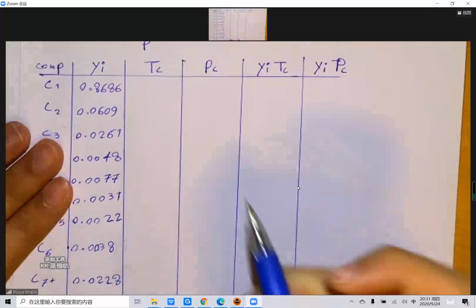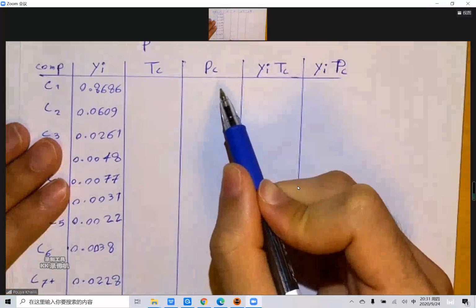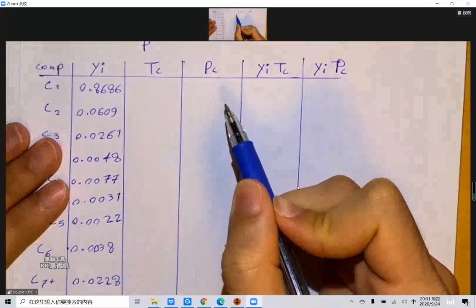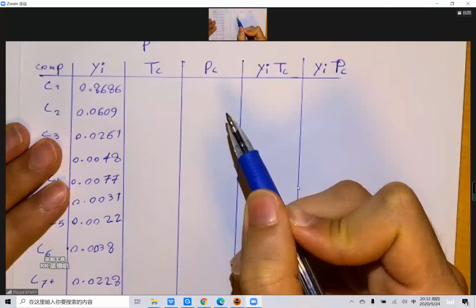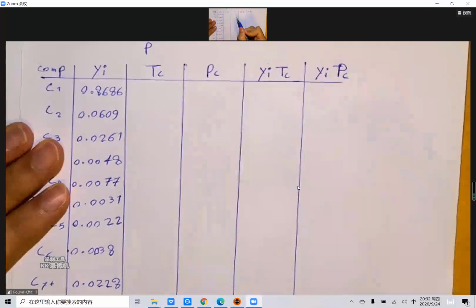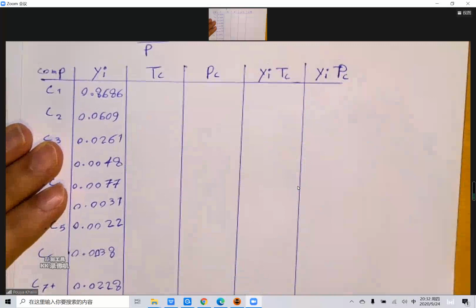Yeah, you can find this data in the compendium. Do you want me to show you the compendium? What exactly is the percent of the gas mixture? Mole percent. Yeah, right.